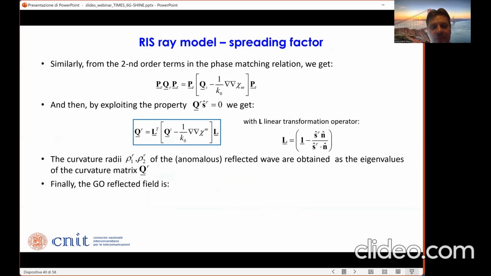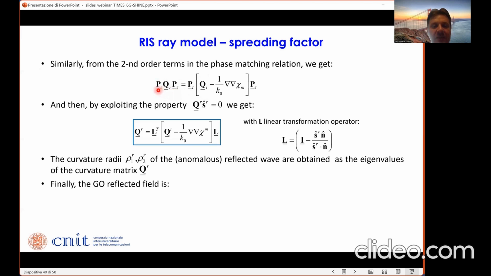Now, I continue with the second order terms in the phase matching relation, which relates the curvature matrix QR of the reflected wave to the incidence curvature matrix. Actually, in this expression, again, we have only a relation between the tangent projections of this matrix.